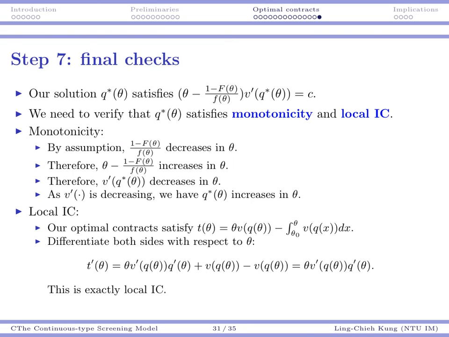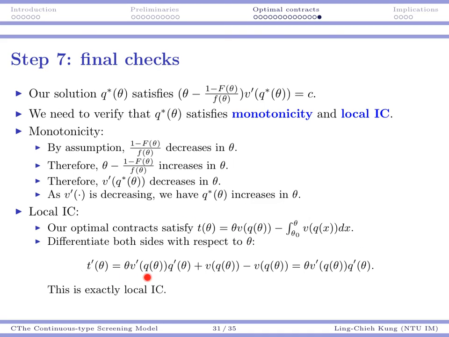And then you can also verify your local IC. We know that our optimal contract must satisfy this equality. The payment, the transfer, must be a function of quantity in this way. If you differentiate both sides with respect to theta, okay, t becomes t prime.